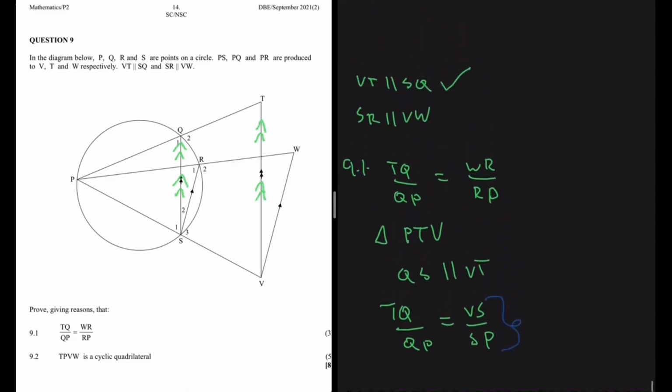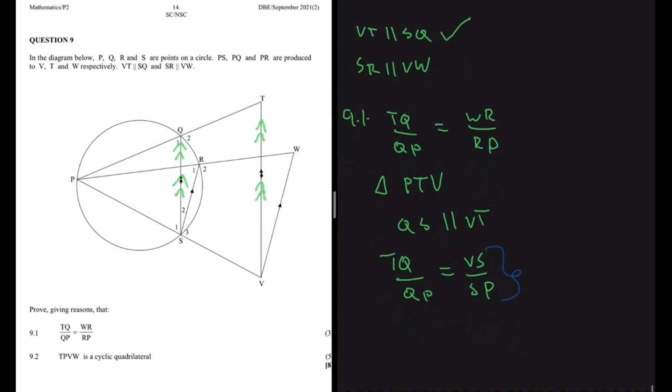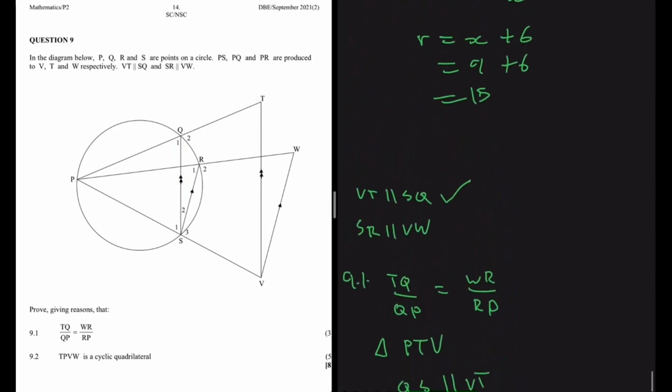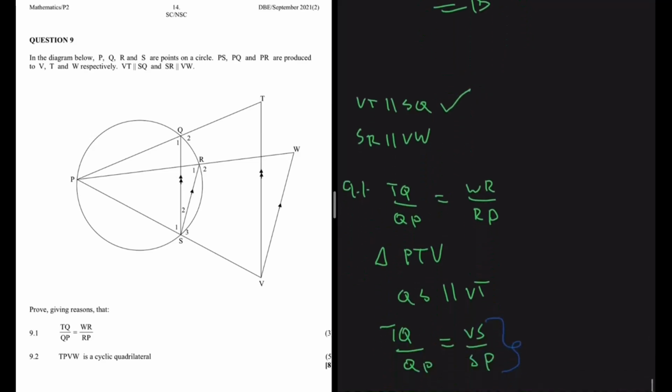Let's move on and go to our second keyword. Our second keyword says that SR is parallel to VW, right? So let's erase these parallel lines for QS and VT, and let's pay our attention to SR and VW. So what is SR? SR is this line here, and then we have VW, which is this line here, right?